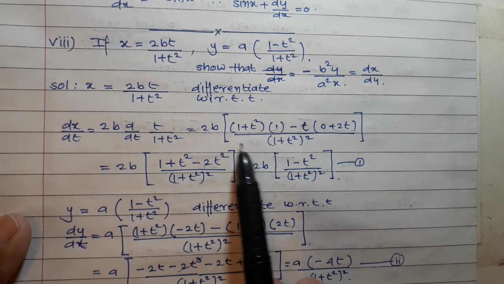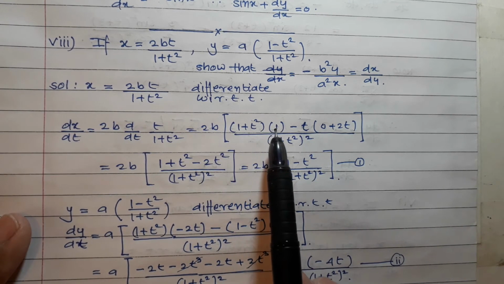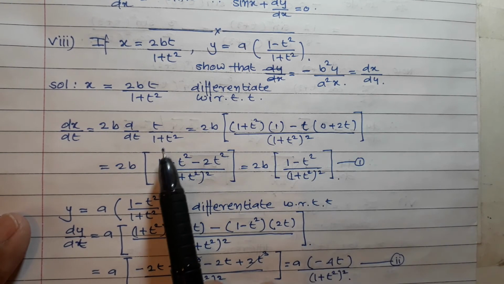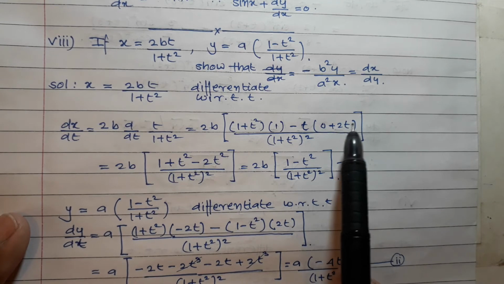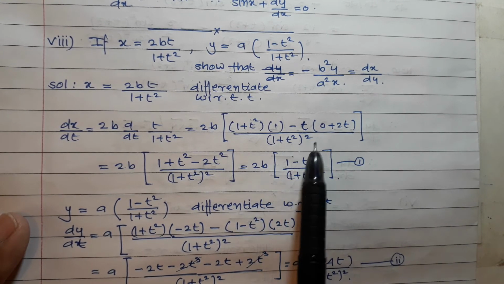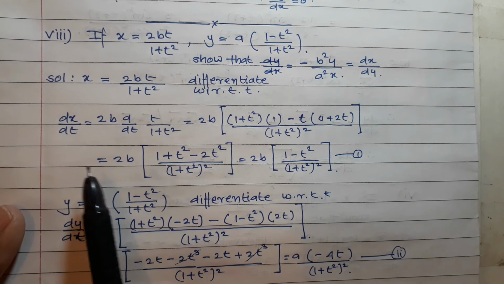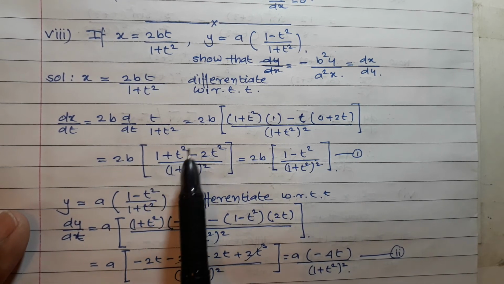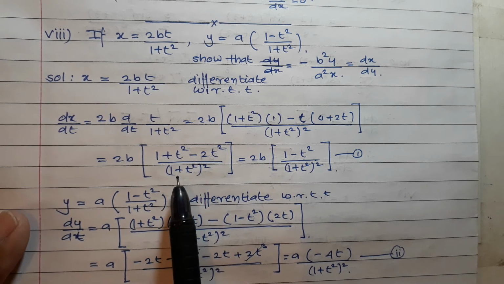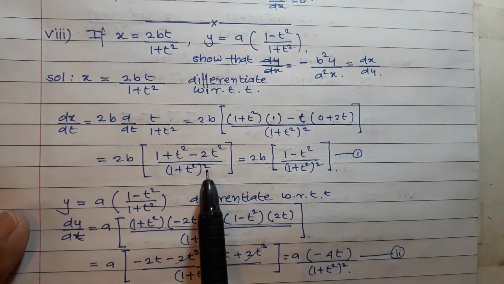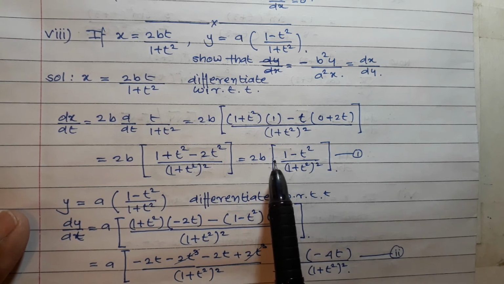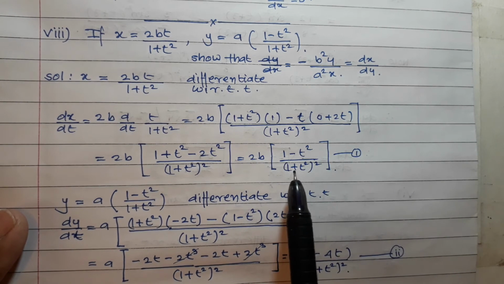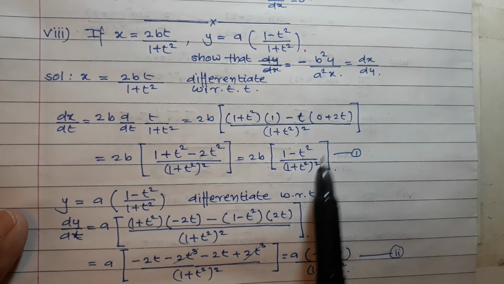So 2b into bracket 1 plus t square into derivative of t, which is 1, minus t into derivative of this, 2t, upon 1 plus t square whole square. Therefore dx/dt is equal to 2b into bracket 1 plus t square minus 2t square upon 1 plus t square whole square, which is 2b into 1 minus t square upon 1 plus t square whole square.